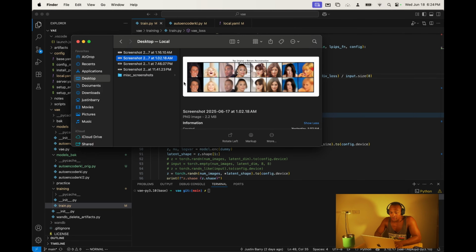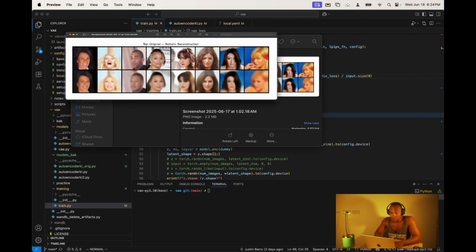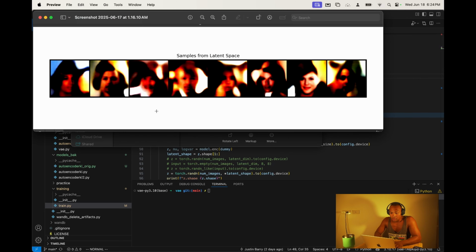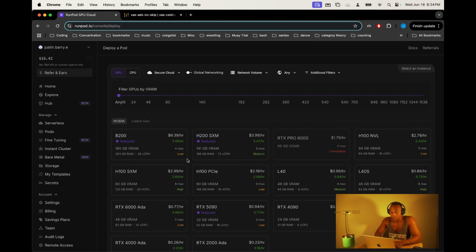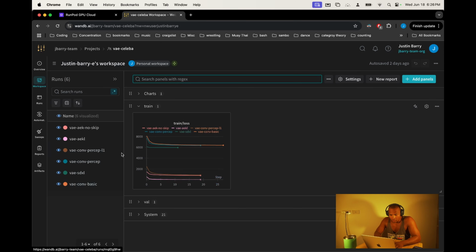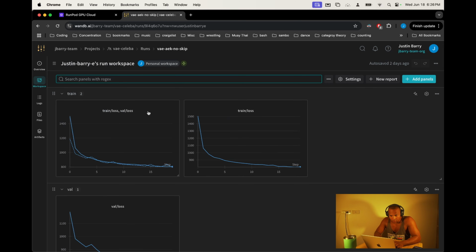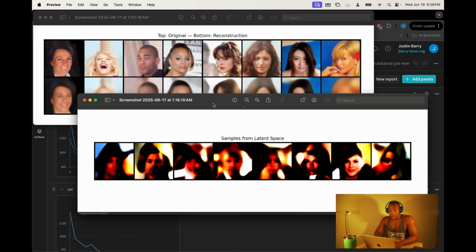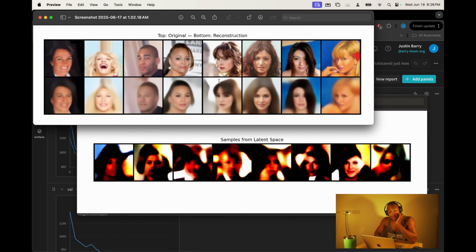So I want to show you some results. Okay, so this is our loss plot for the model that recreated these images. They're not perfect, right?